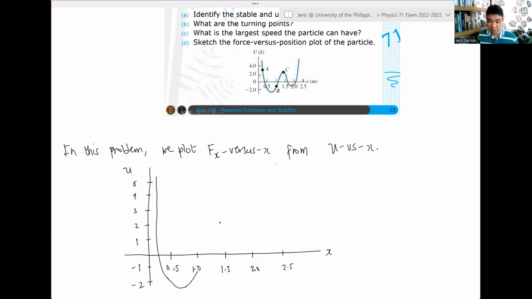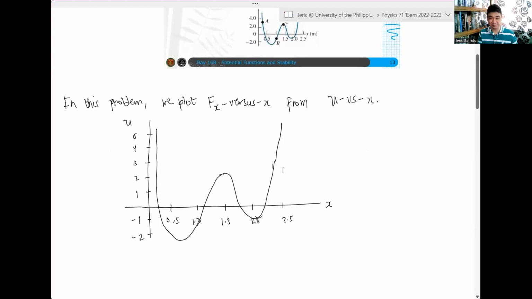So let's say andito yung top. Tapos aangat siya papuntang 2.5 or medyo mas steep pa ng konti. Parang ganyan yung itsura niya. Okay? Nakuha? Something like that.